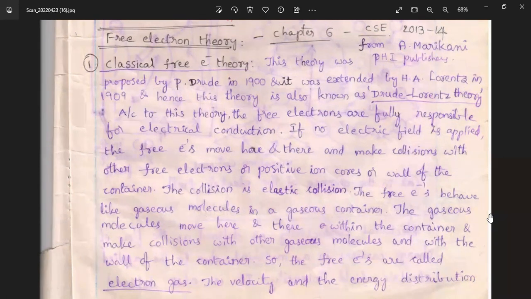If no electric field is applied, the free electrons move here and there and make collisions with other free electrons or positive ion cores or walls of the container.